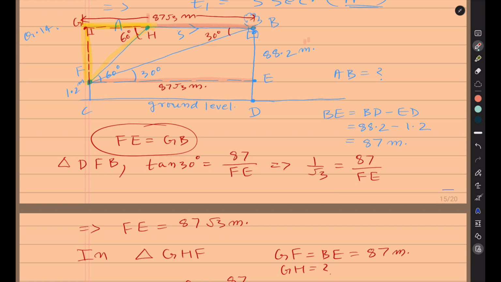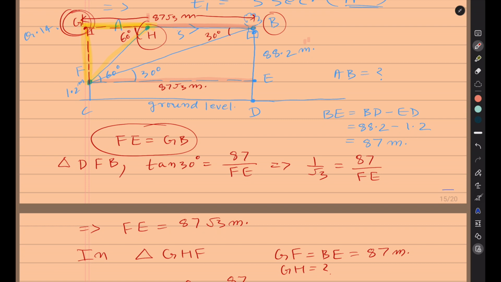So here you can see that we have actually found BG, and we have also found GH.